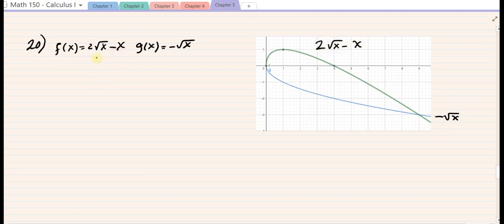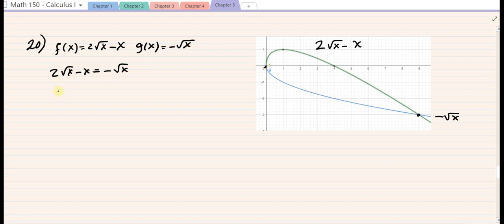Now, for this one, we need to find the points of intersection, and we find them by setting the two equations equal to each other, because at those points, and it looks like there are going to be two of them, they have the exact same coordinates.